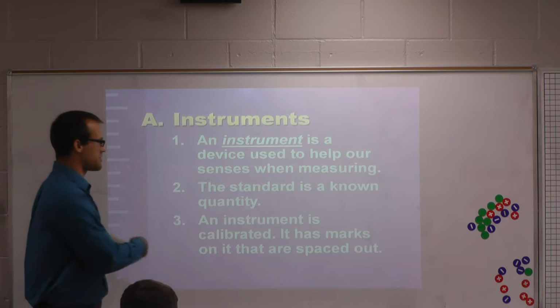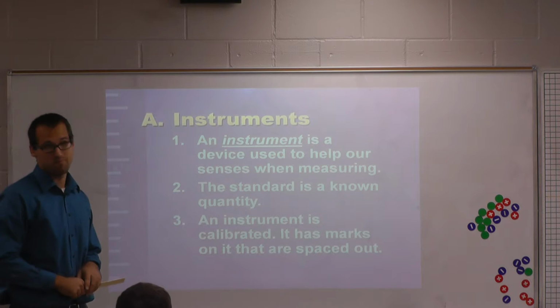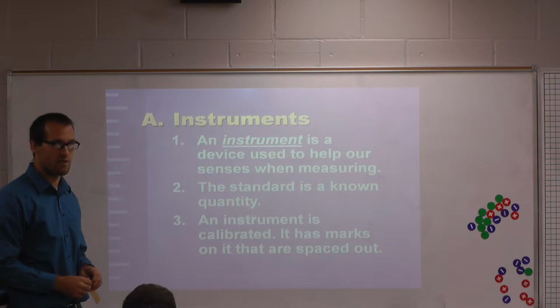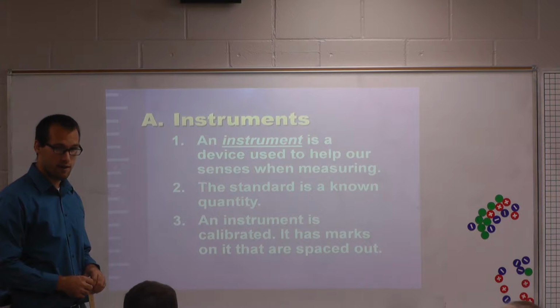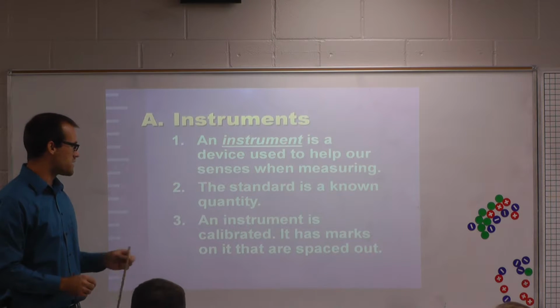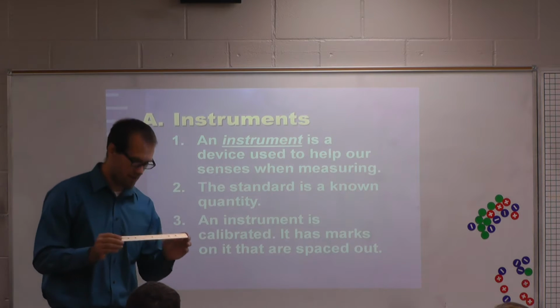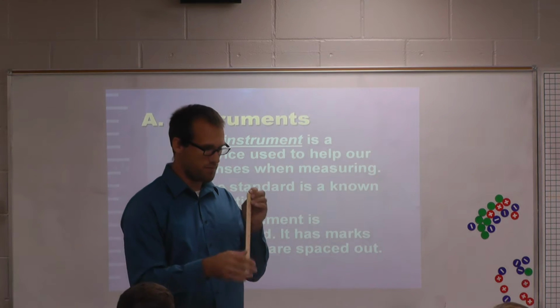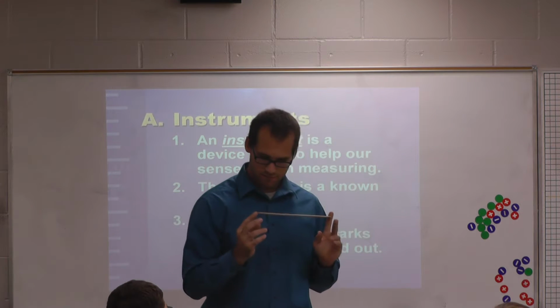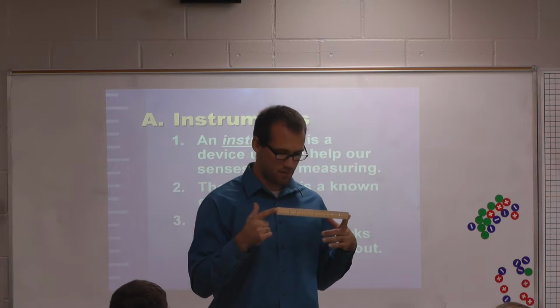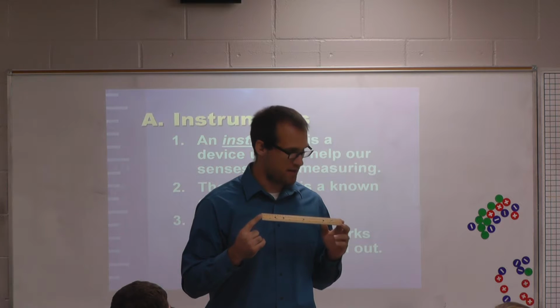It's really important that the instrument must know the standard. Your instrument is still comparing it to a standard. Another thing, the instrument must be calibrated, aka it needs to have spaced out marks. Essentially what that means is, here's an instrument. This is a foot. Notice all the little tick marks on it?